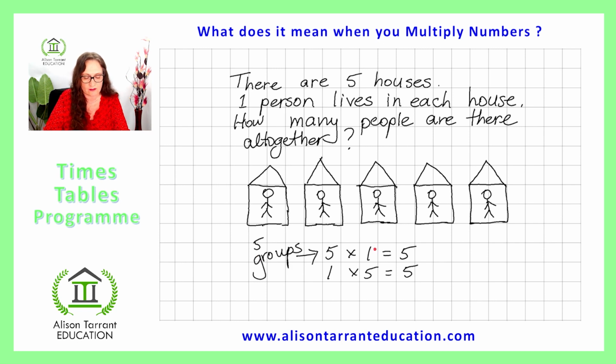And the 1 is the amount in each group. So we just write this, the amount in each group. So we got 5 groups, which is the 5 houses, 1, 2, 3, 4, 5 houses. 1 person in each house, so that's 5 groups of 1 equals 5.